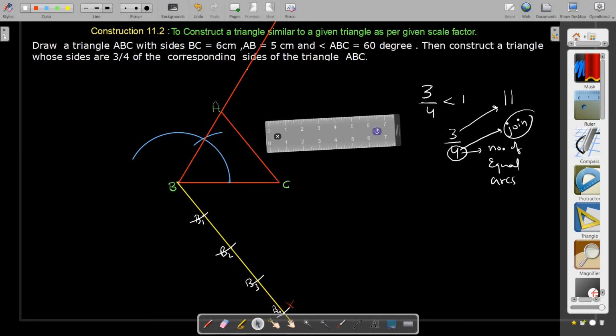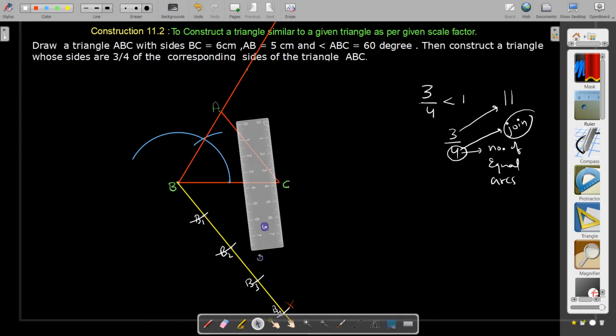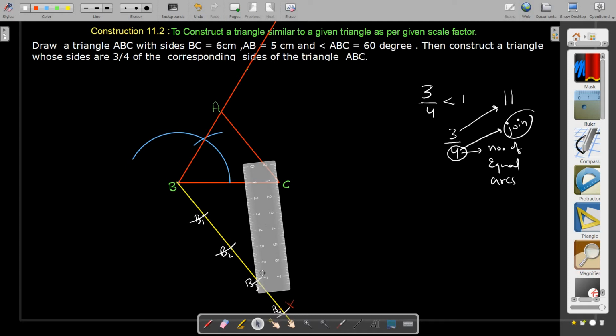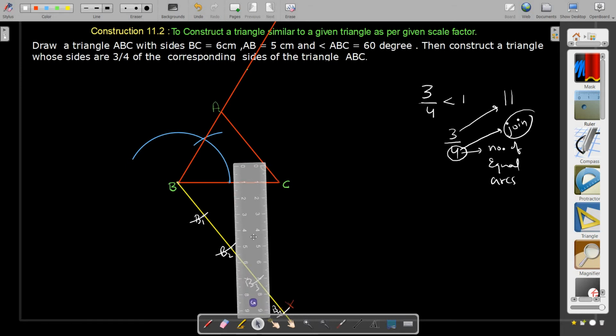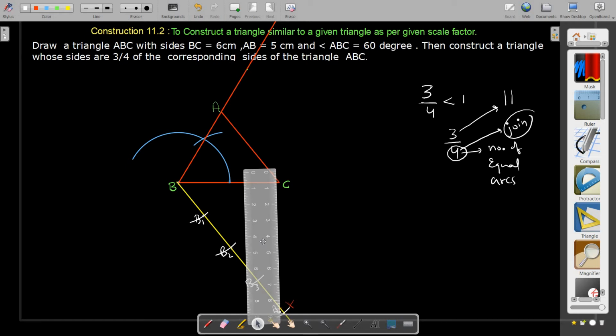So at the other end, we have to join the last division, because the denominator number has to be joined to the other end of line segment BC. So I have placed the ruler between C and the point of intersection of arc and the acute ray.